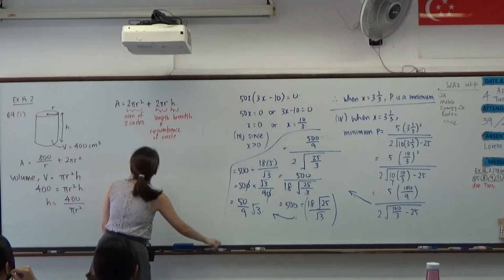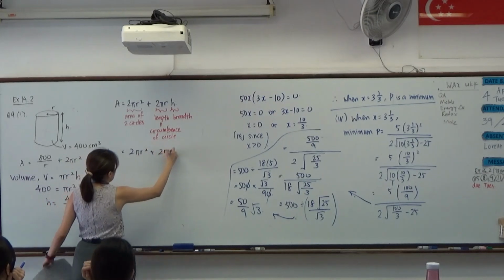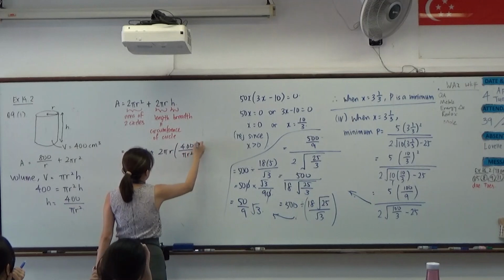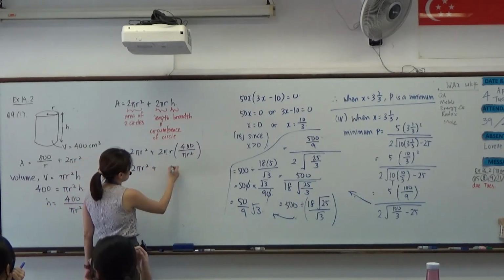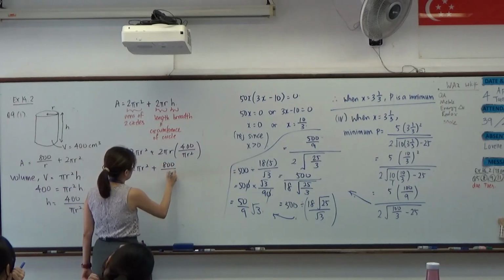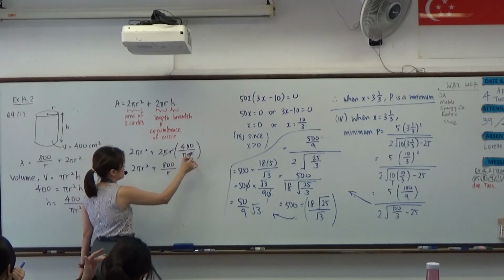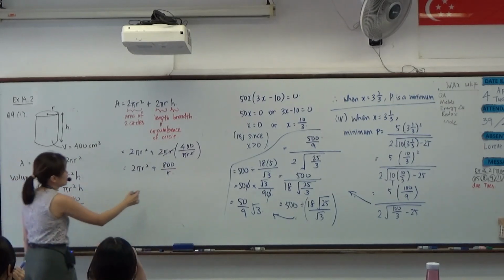Then your h, you have already found that it is 400 over pi r squared. And we will have 800 over r upon simplification. And then we have shown it.